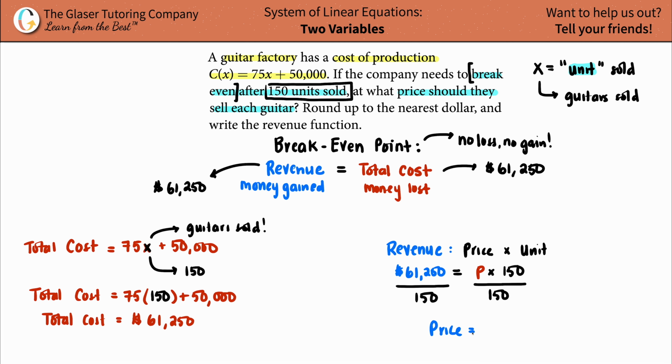And they say round up to the nearest dollar. So I get 408.33, but they say round up to the nearest dollar. So the price for each guitar is going to be $409 for each guitar.